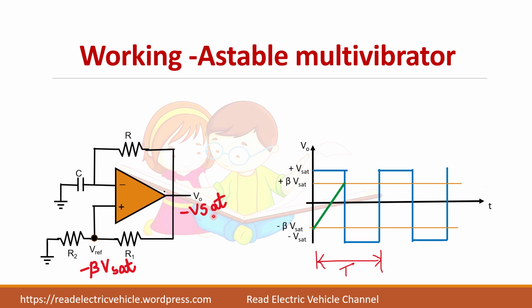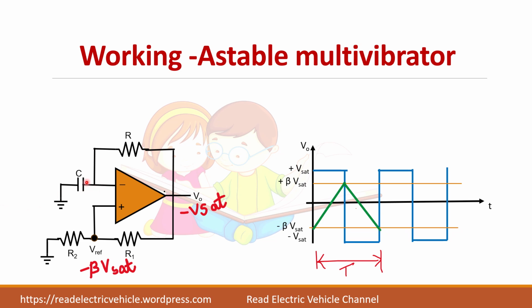So now we have minus Vsat here. So the reference will change. Now the capacitor has to reverse its polarity. It will be charging towards minus Vsat. So the capacitor will be coming from plus to minus Vsat.